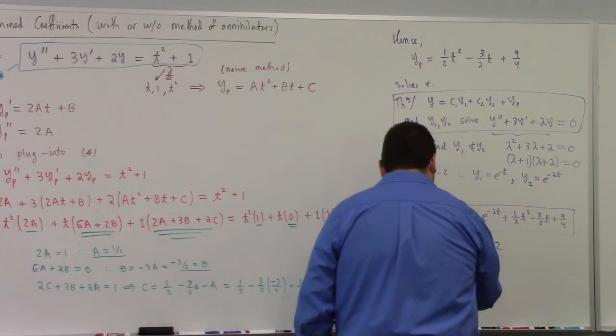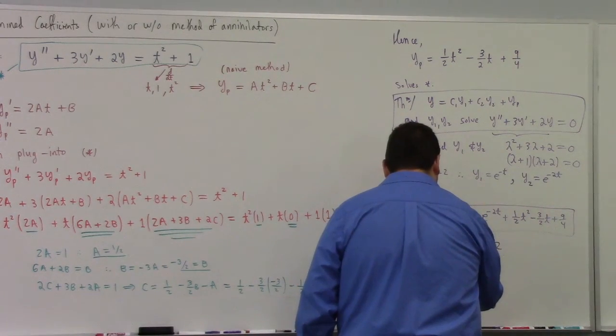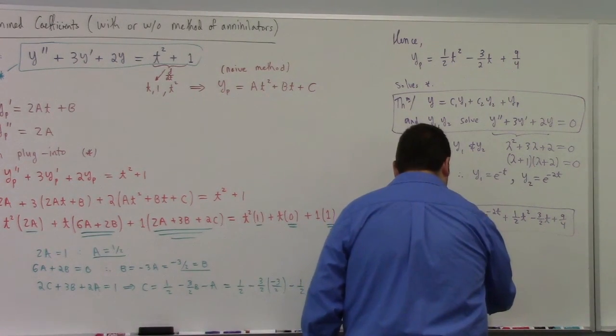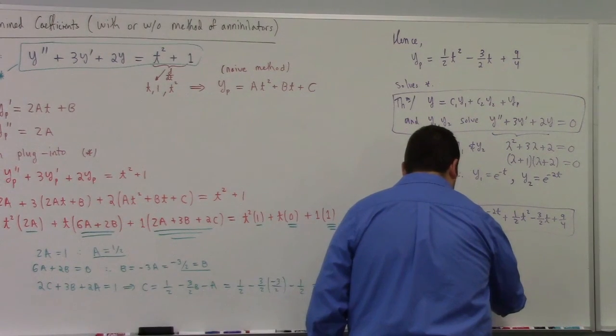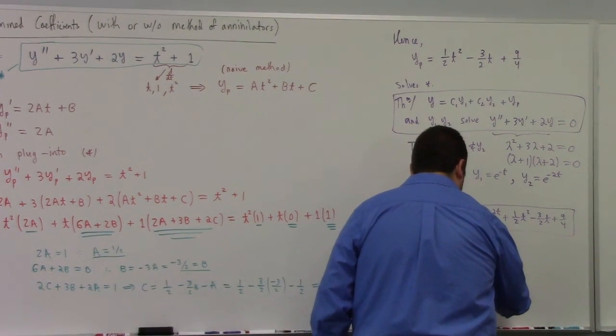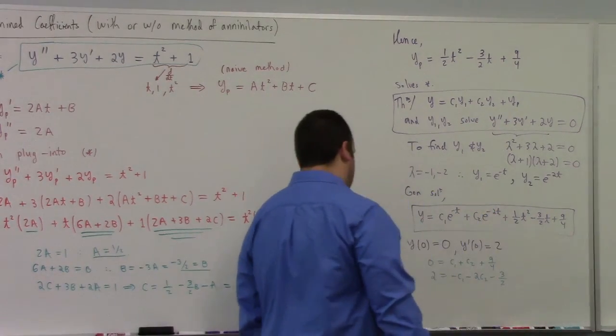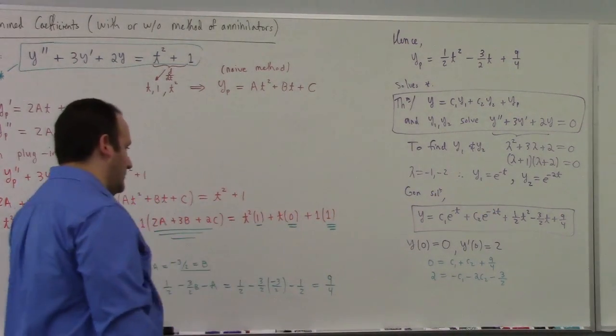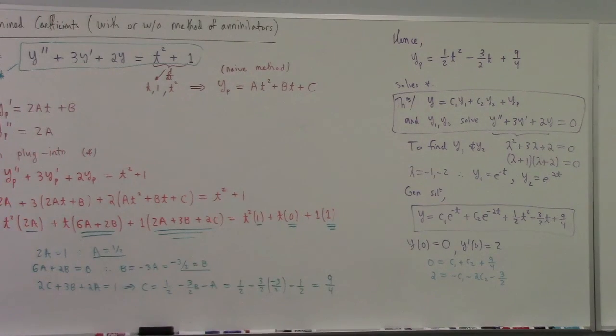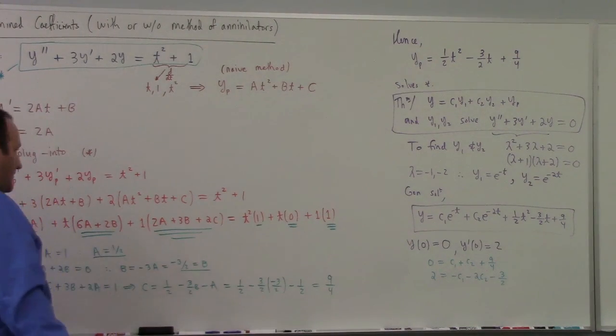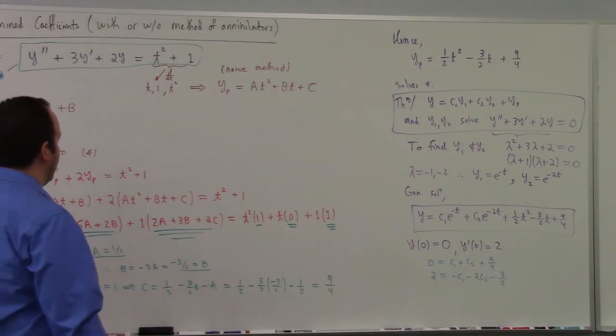And the y prime gives me 2 is equal to minus c1 minus 2c2 minus 3/2, right? And you can solve those to find out what c1 and c2 are, all right? I'm not going to do that. My energy is limited. I need to save it for other things.